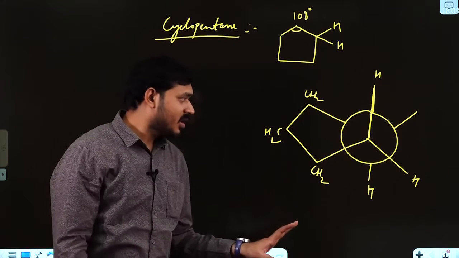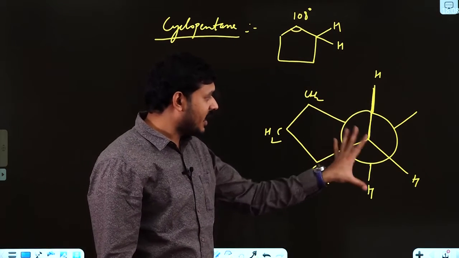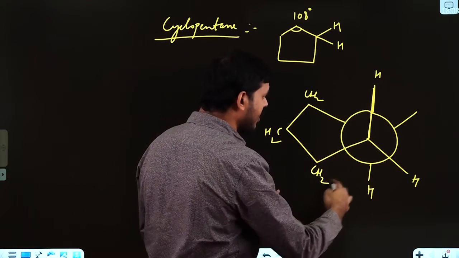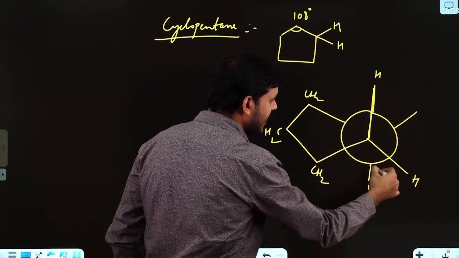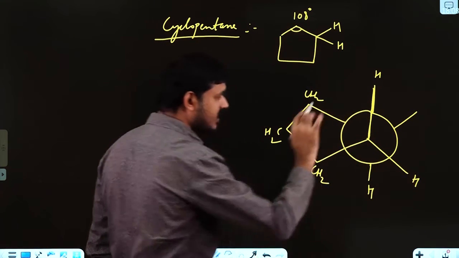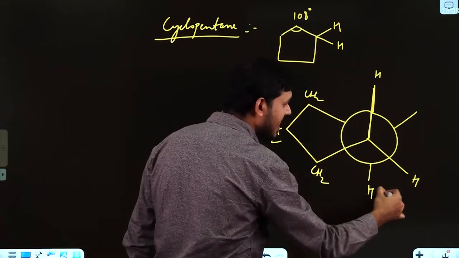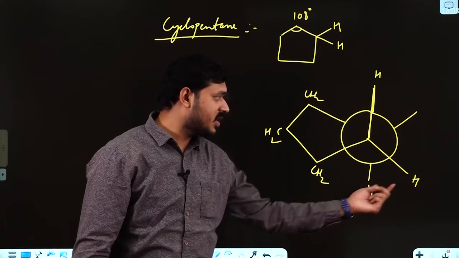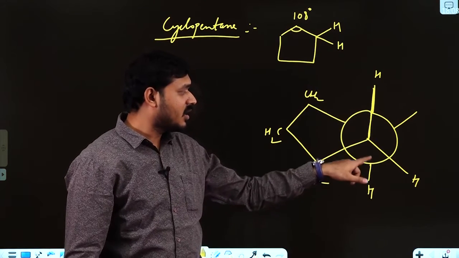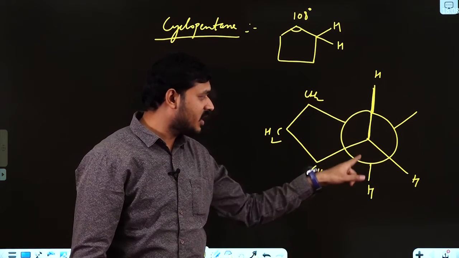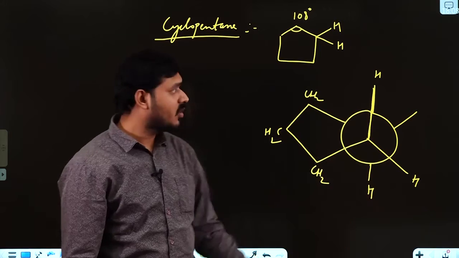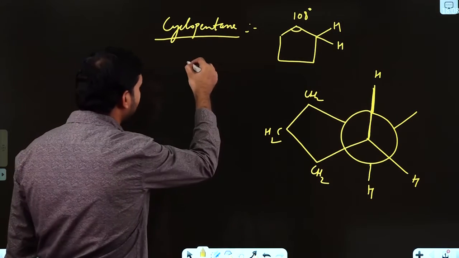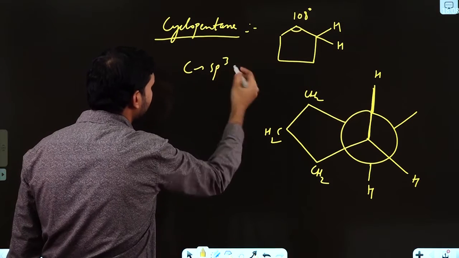Now here you can understand it is approximately near to staggered or perfect. This strain here is very less. Okay, these two hydrogens are very far apart, such that the van der Waals strain observed here and the torsional strain due to this CH bond and this CH bond is very less. Okay, so this is the case of cyclopentane. Each carbon atom will be sp3.